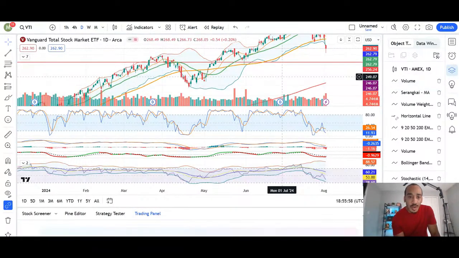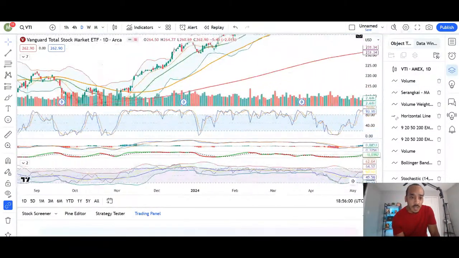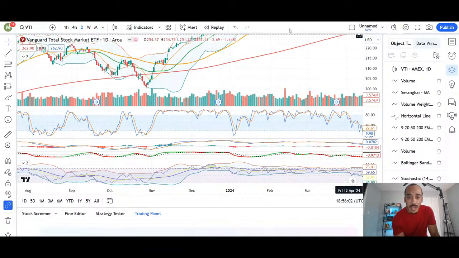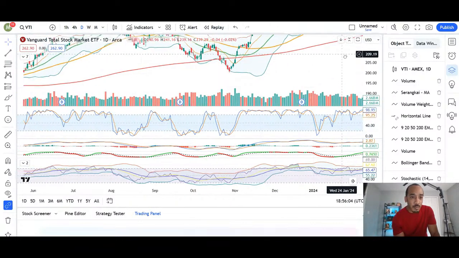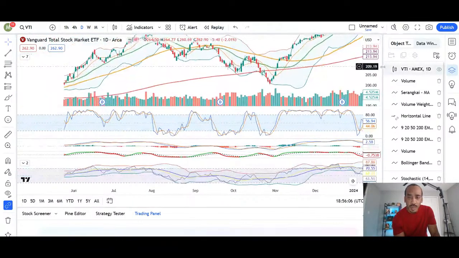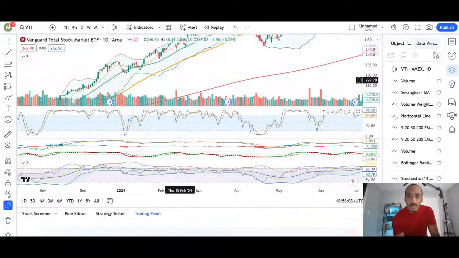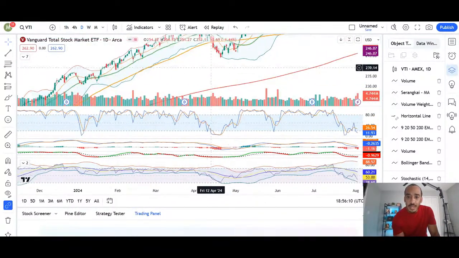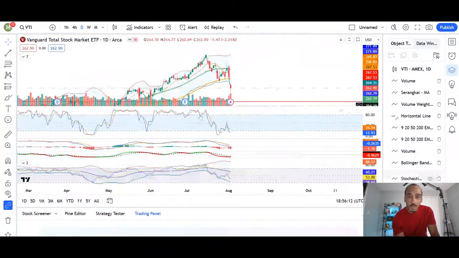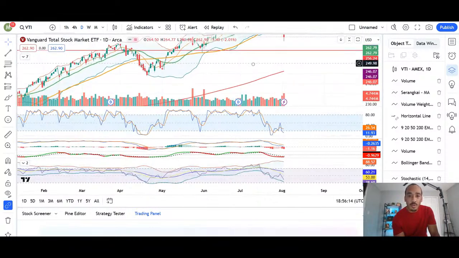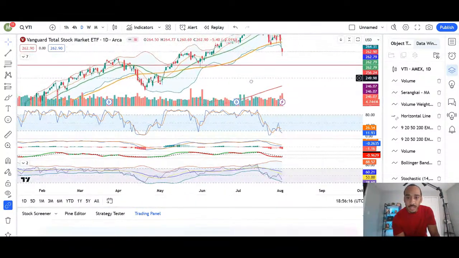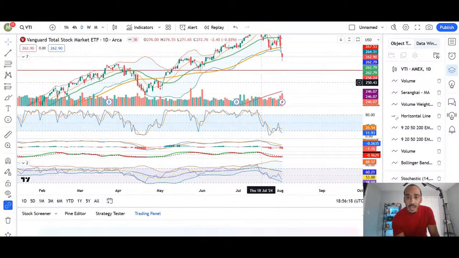If you look throughout time, it stays inside, and then when it goes outside, it makes its way back in. So if it goes outside of the Bollinger Band, it has gravitational pull, right? So the total stock market index, we got a hammer candle.